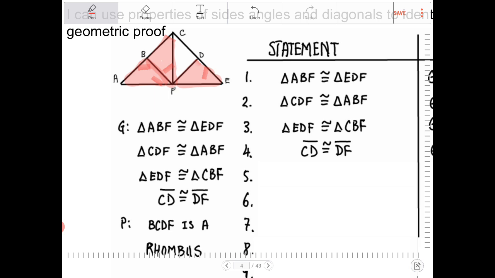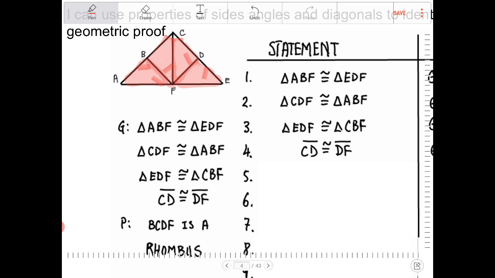And I also know that triangle CDF is congruent to ABF. Because CDF is congruent to ABF and ABF is in pink, this triangle should also be in pink. Can you see now that all four of these triangles, because of the three lines that are given in the givens, are in fact the same? All four triangles are going to be congruent.